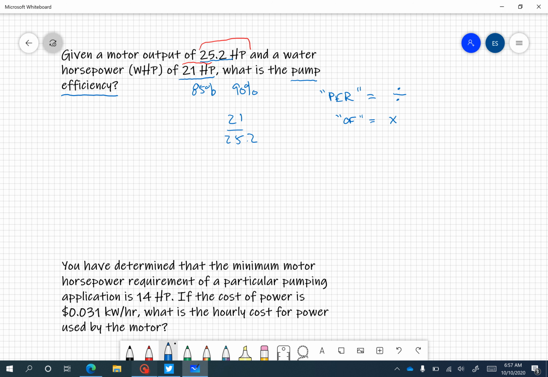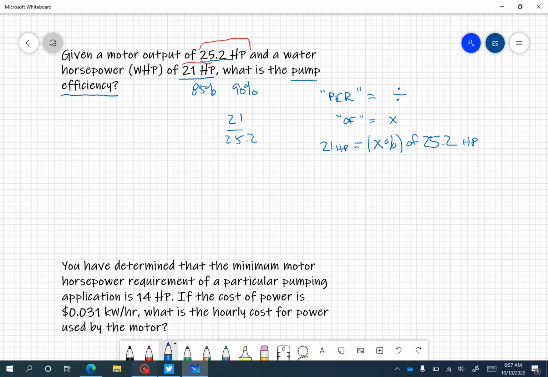So another way to think of this problem is if I want to know an unknown, and in this case I want to know that 21 horsepower is an unknown percentage, or we'll use X, of 25.2, right? 21 horsepower is what percentage of 25.2 horsepower?